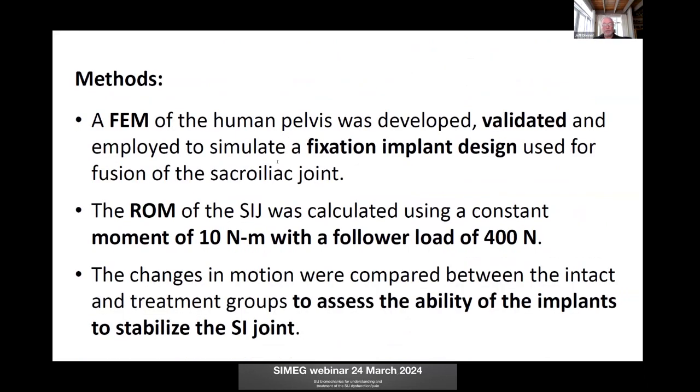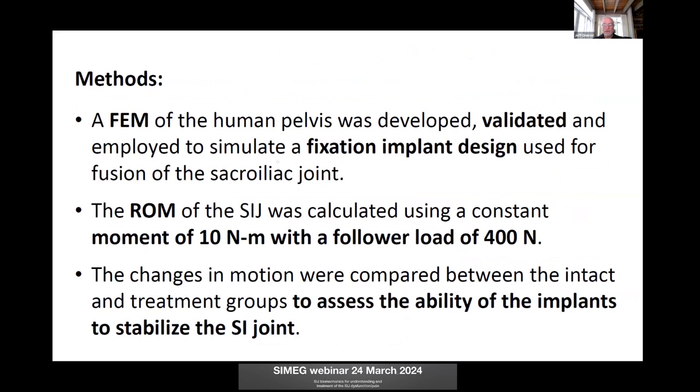So with this, we wanted to have this finite element model created. Exponent, the company I referenced, has a lot of experience in engineering, and they created this model for us. Without getting into all the details, I'm sure the engineers would like, we used pretty traditional loading characteristics, as you can see, 10 Newton meters followed by a load of 400 Newtons.